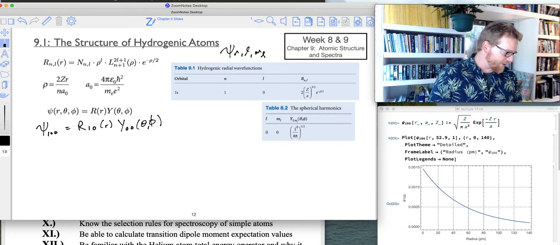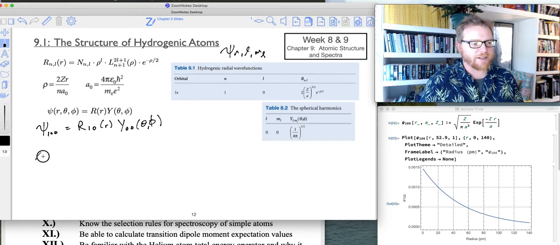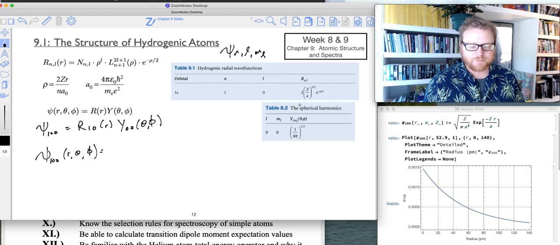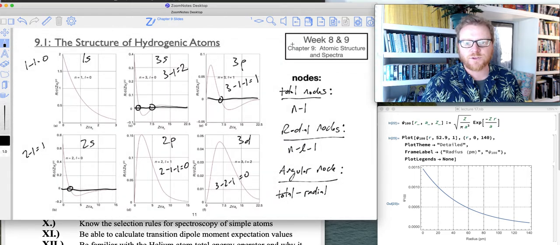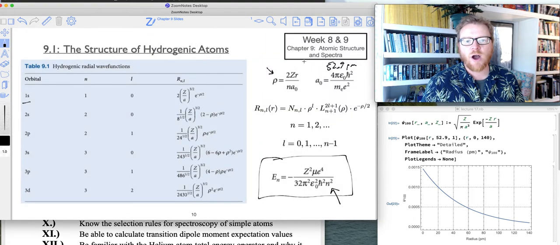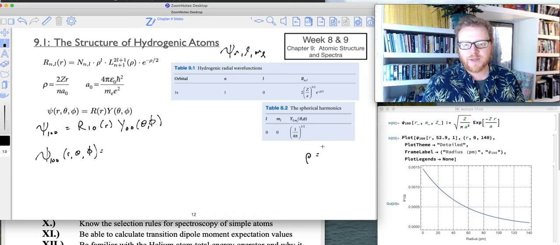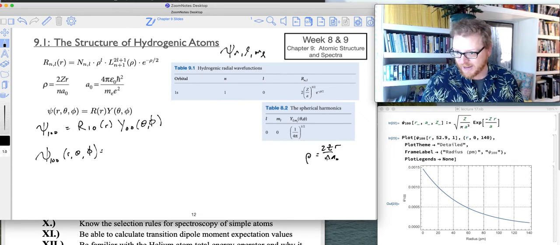And so if I put this together now, I'm going to say psi 1 0 0 as a function of r, theta, and phi. So my R 1 0, I'm just going to put it together in all its glory. I'll remind you that rho is equal to 2zr over n a naught. And because n is equal to 1, I can put that in there.